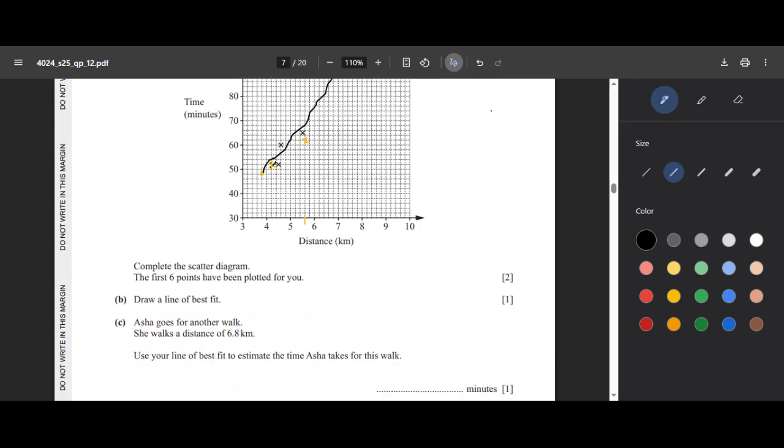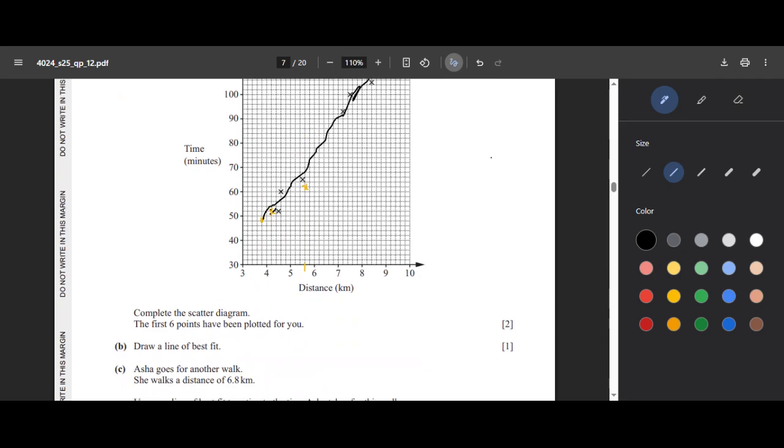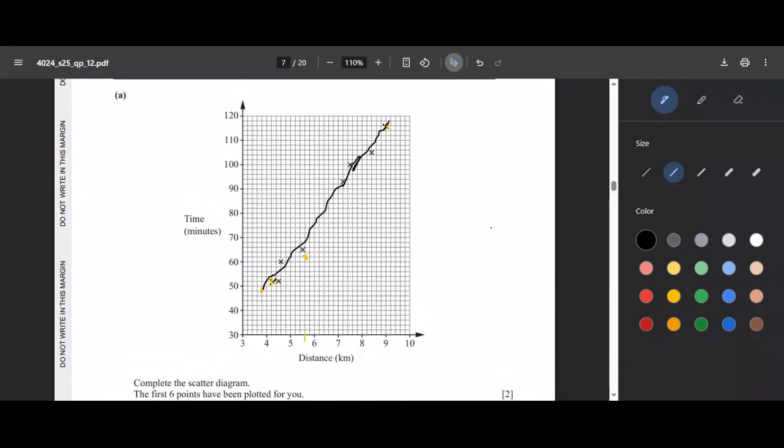Now the next part is another walk for 6.8 kilometers. This is 6.8 kilometers. If you move across opposite 6.8, it will come here.